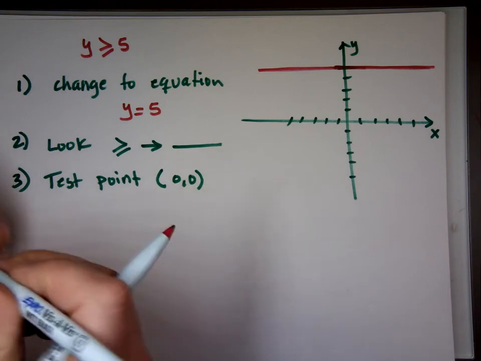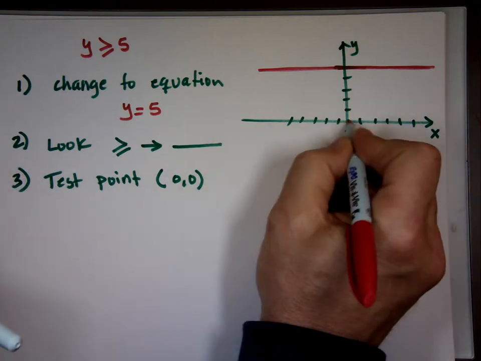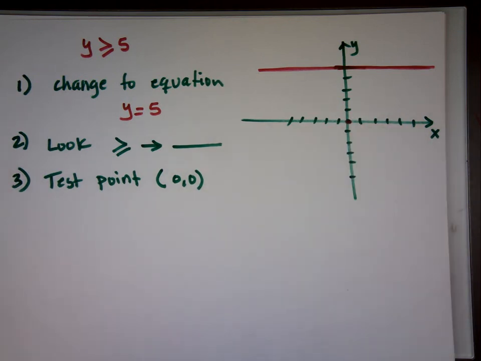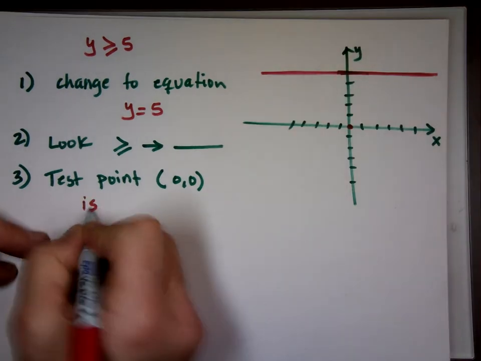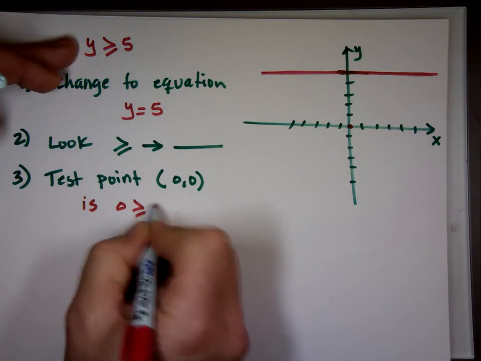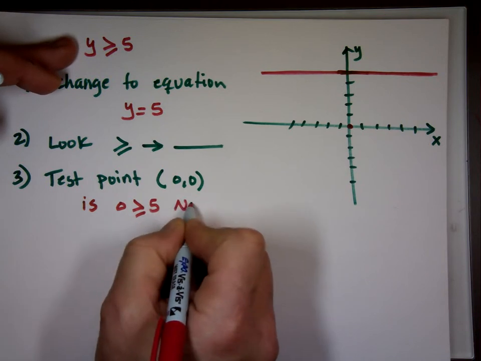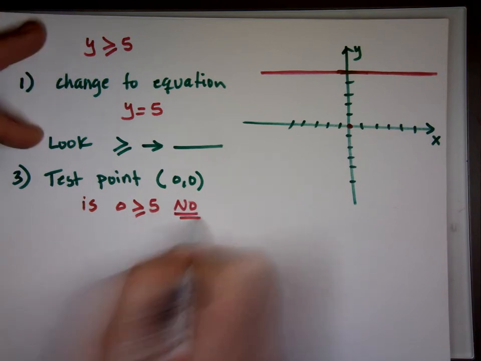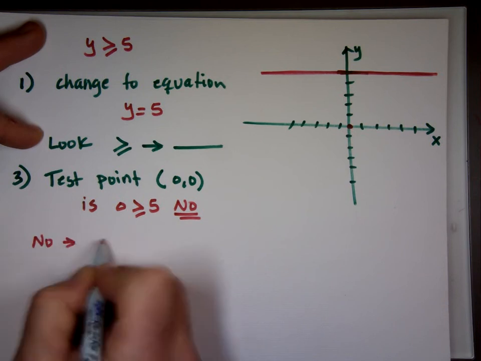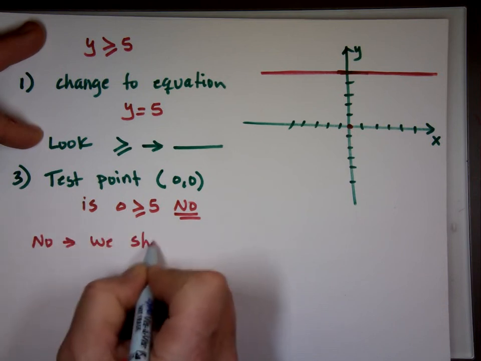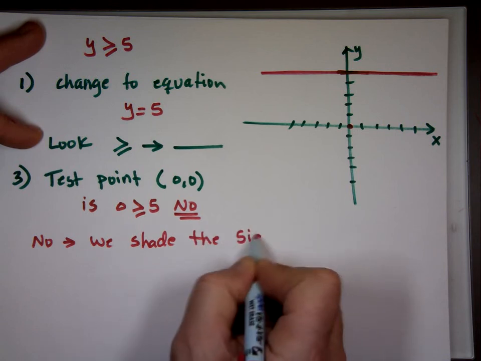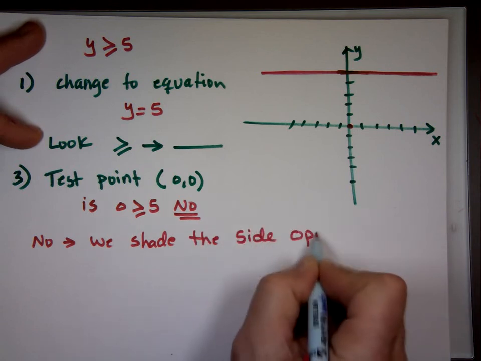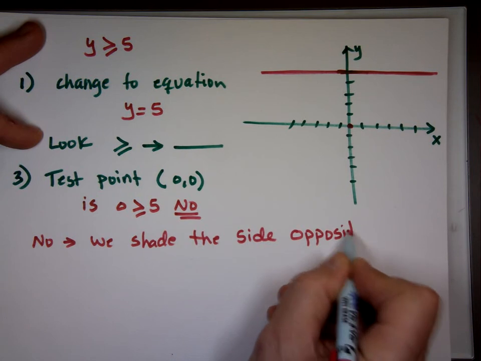Right here. I know that's below the line. Is 0 greater than or equal to 5? No. If the answer is no, we shade the side opposite, I keep writing that so you'll know it, to the test point side.